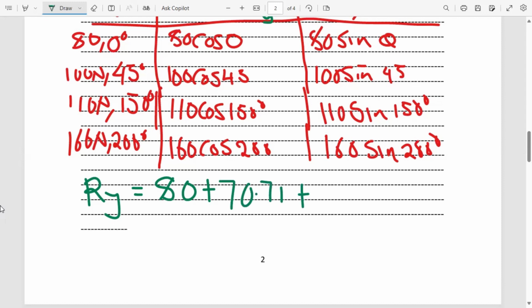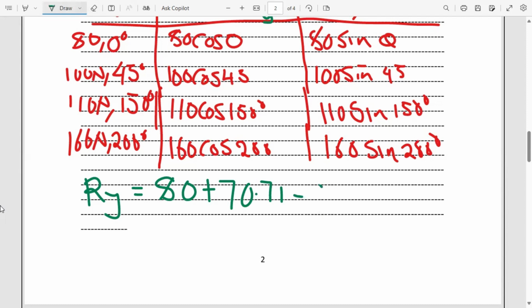This is giving me 70.71 plus 110 cos 150. This is giving me negative 95. So even if we follow the one of using the direction with respect to the positive x-axis, the ones that are in the negative x direction will still be given as negatives on your calculator.